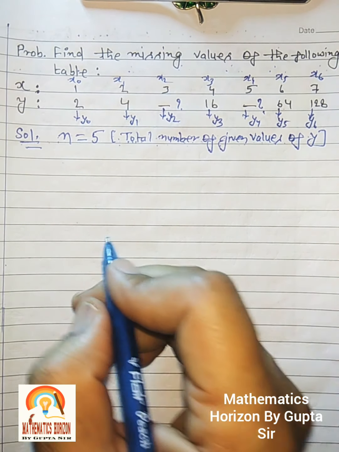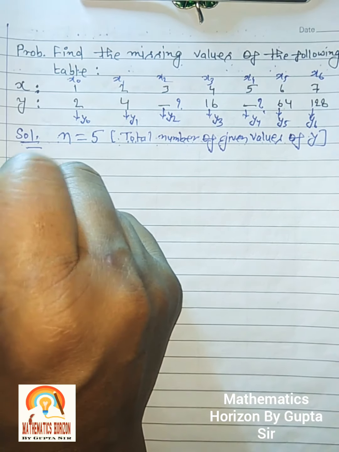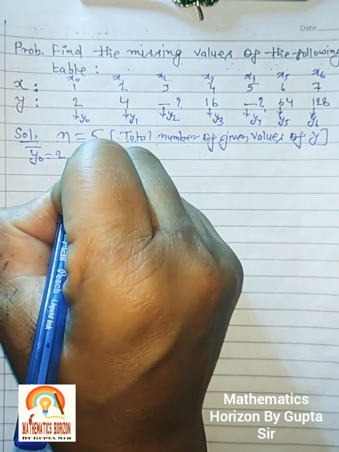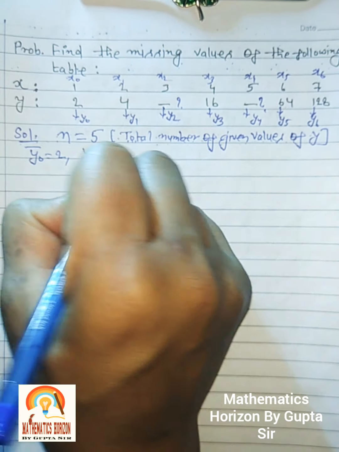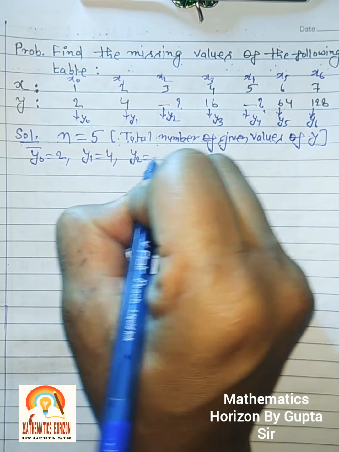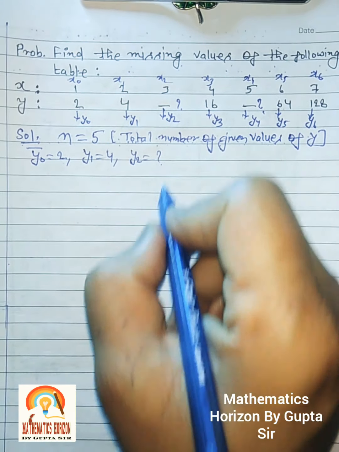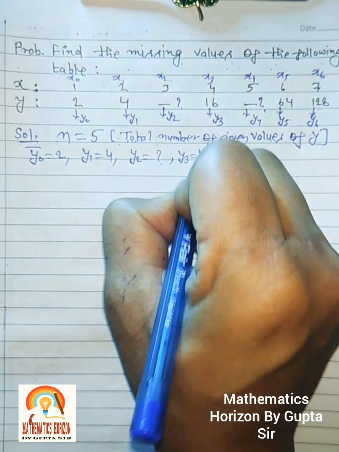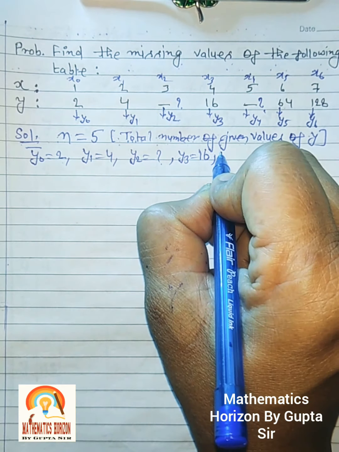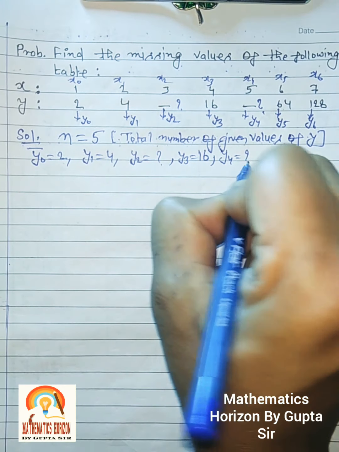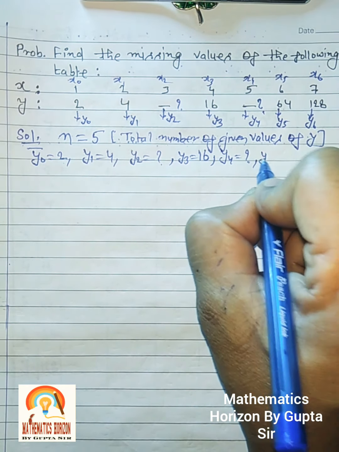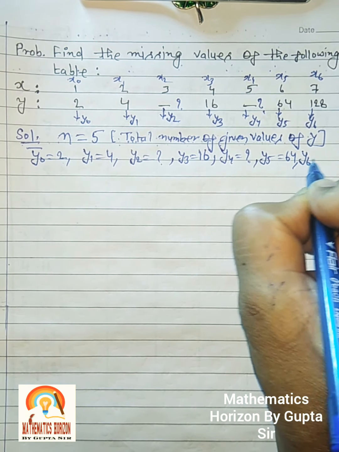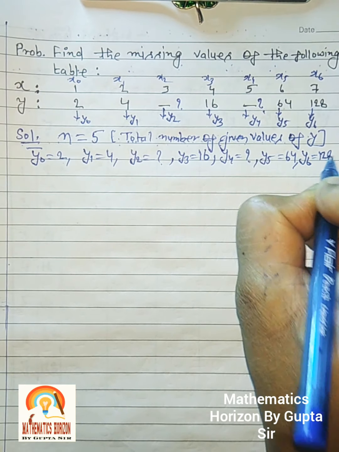Now what are the values? Here y0 equal to 2, y1 is equal to 4, y2, which we have to find out, first unknown, y3 is equal to 16, y4 next unknown, y5 is equal to 64, and y6 is equal to 128.